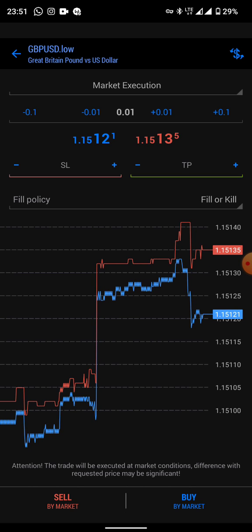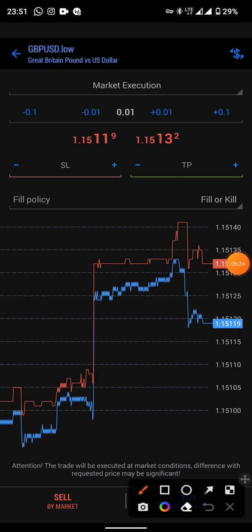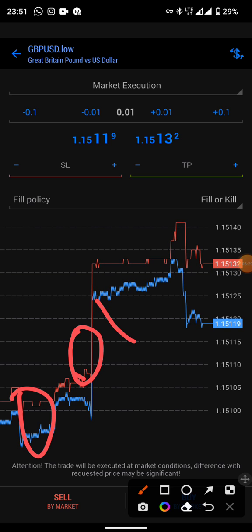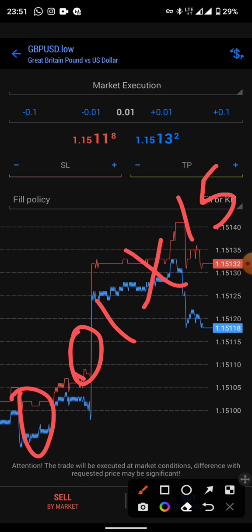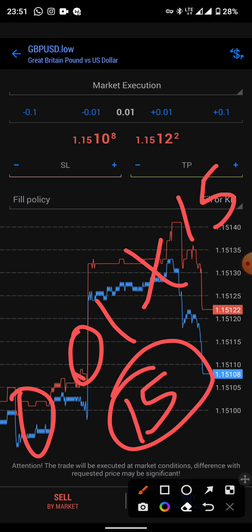What that simply means is, if I have 0.01, which is my current lot size, multiplied by 15, that is about 15 cents per pip movement. I'm either losing or getting 15 cents.